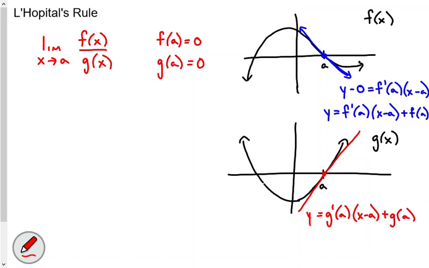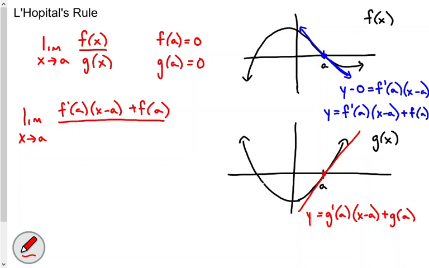Okay, at this one singular point, at this one point at A, this limit could be the slopes of each of the tangent lines. f prime of A times x minus A plus f of A, and g prime of A times x minus A plus g of A.